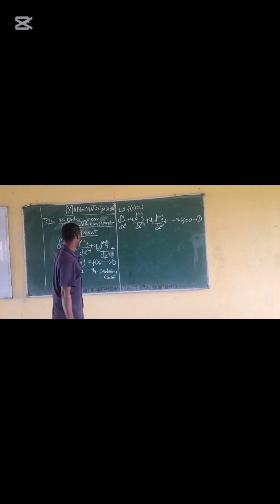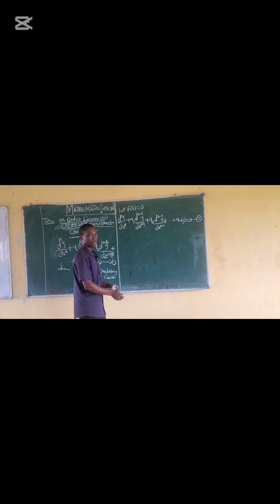So from our topic, ordinary differential equation with constant coefficient, in this ordinary differential equation we have both the homogeneous part and the non-homogeneous part. Equation 2, which we are going to be pondering on, is called the homogeneous part of this differential equation.